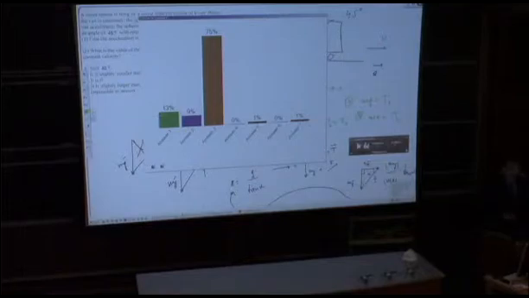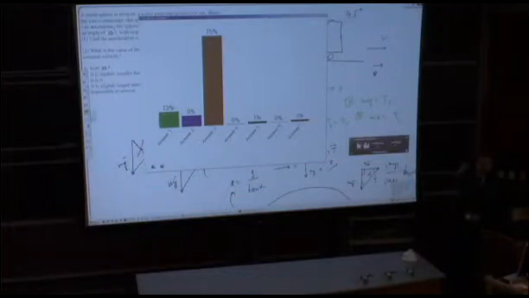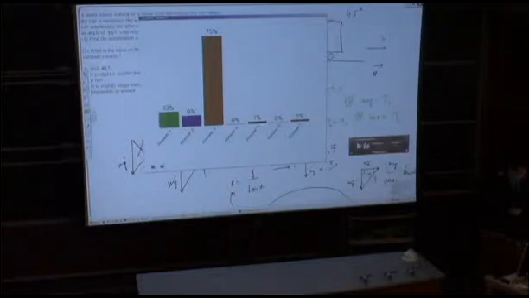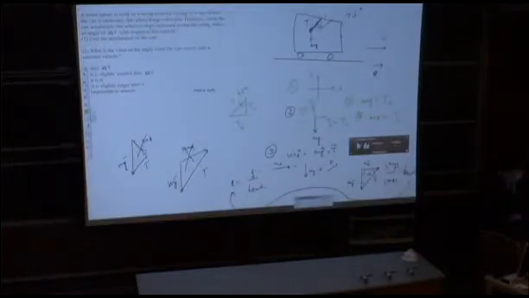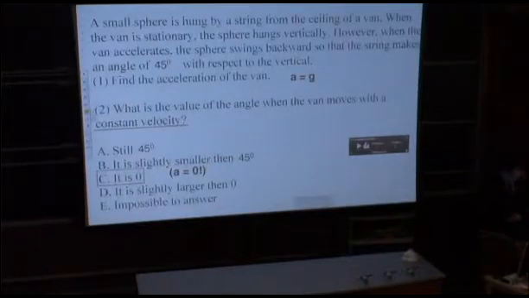When acceleration is 0, the tension, again, must cancel the gravity. Gravity points down, so tension must point up. So the string must be vertical. Any questions? These are the answers.